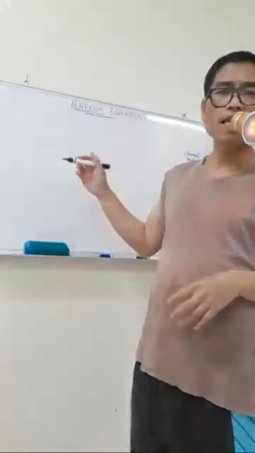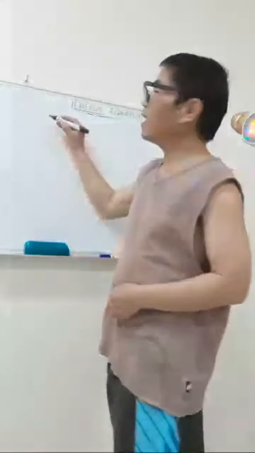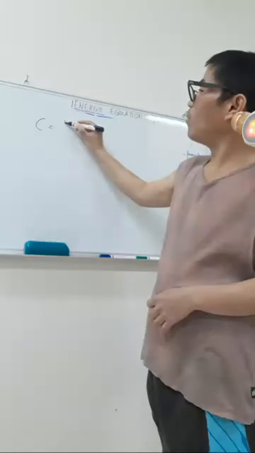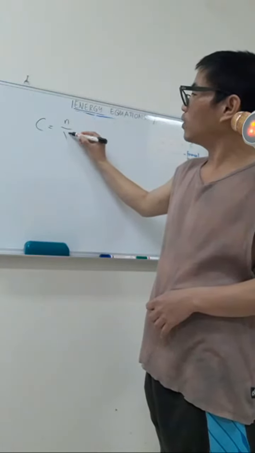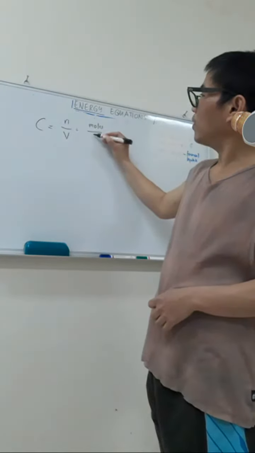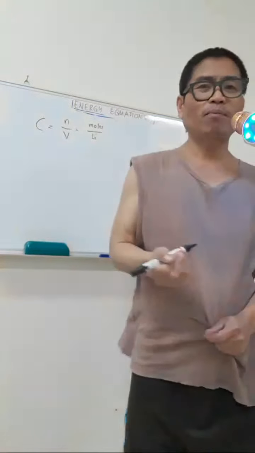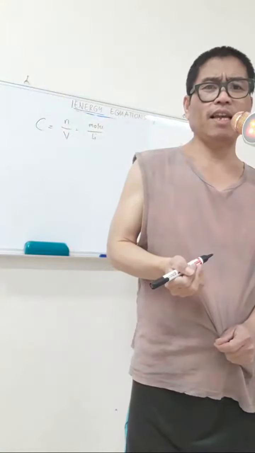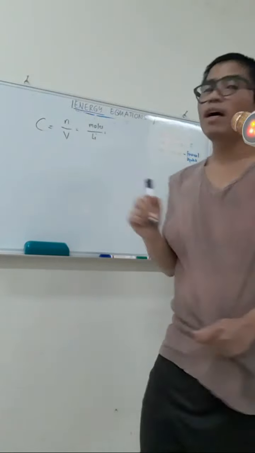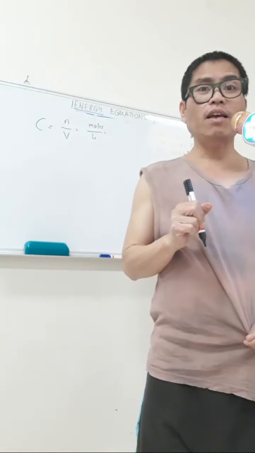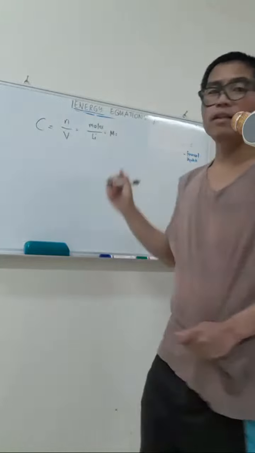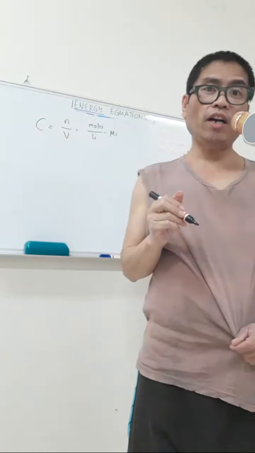C is equal to the number of moles over the volume. This is moles per liter. Moles per liter. This could also be denoted as capital M, and this is also called molar.